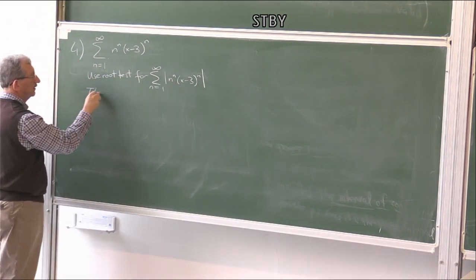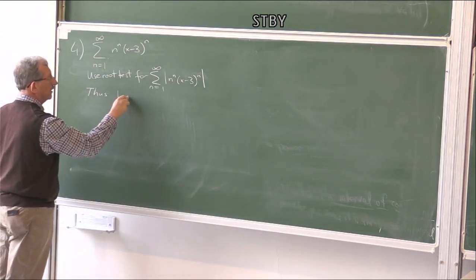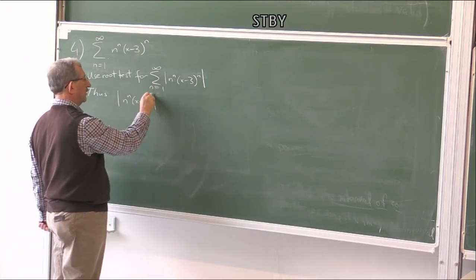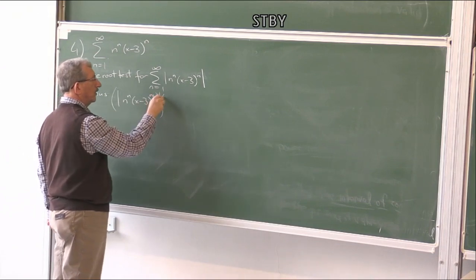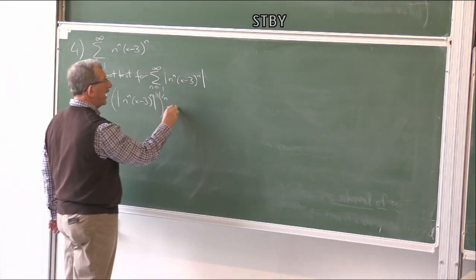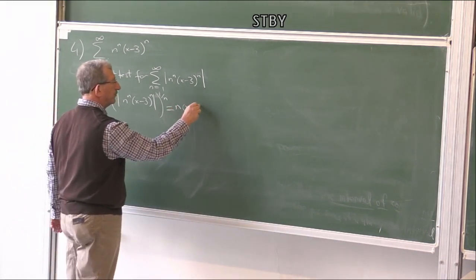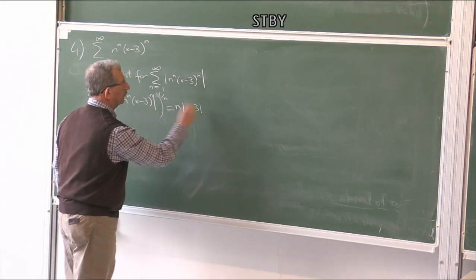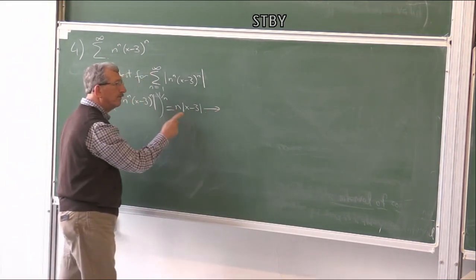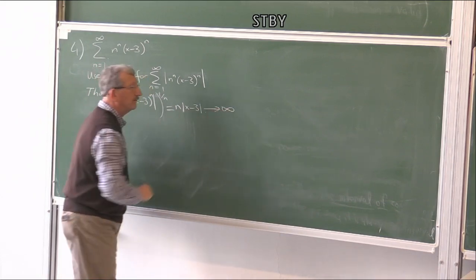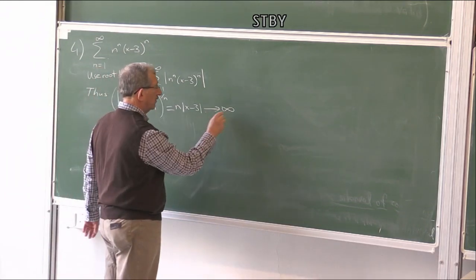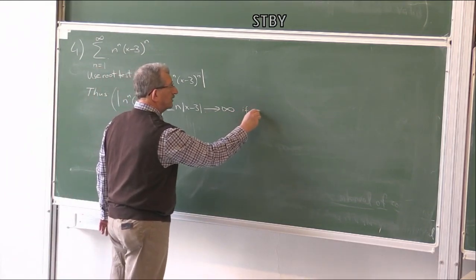Thus here, the nth root of the general term will become n times absolute value of x minus 3. Now, this limit, when n goes to infinity, clearly is infinity if x is not 3.